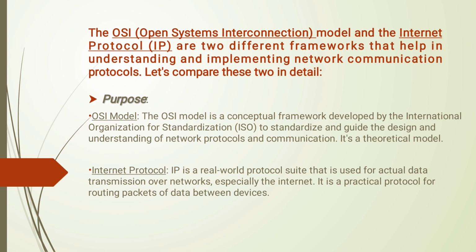It's a theoretical model. The Internet Protocol is a real-world protocol suite that is used for actual data transmission over networks, especially the internet. It's a practical protocol for routing packets of data between devices.